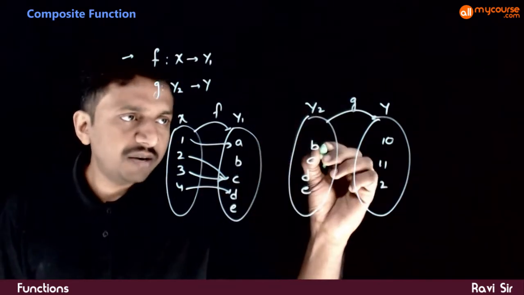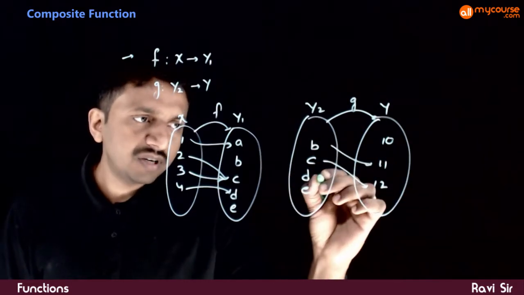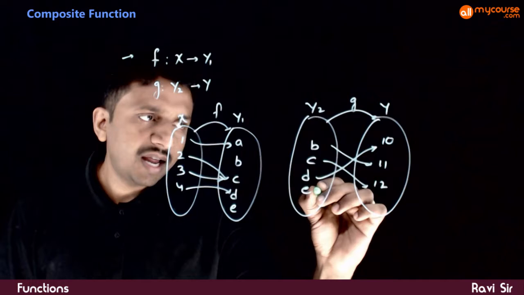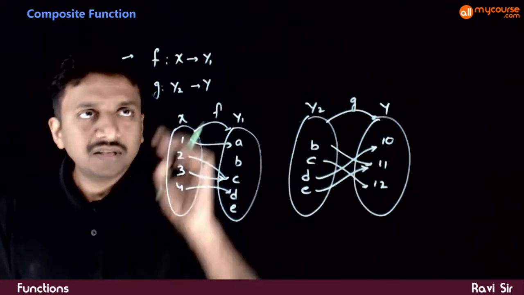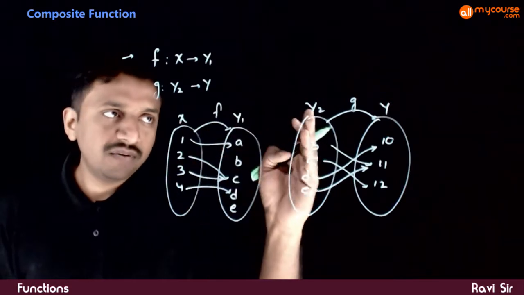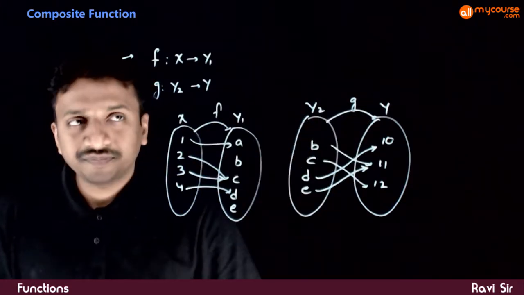So let g relate b to 11, c to 12, d to 10 and e back to 11. So you have f from x to y1 and g from y2 to y.